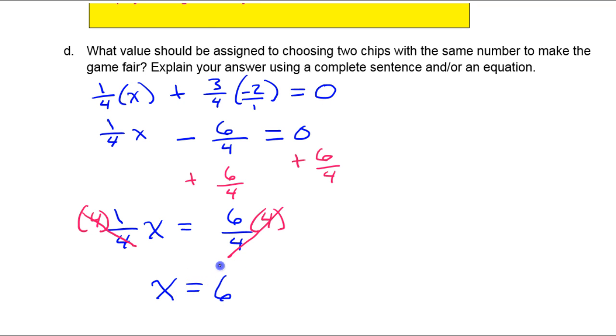So that's the answer to the question. If you won $6 for getting two chips the same, then that would make this a fair game, because overall, on average, you would break even. You would get $0 if you played this game over and over again.